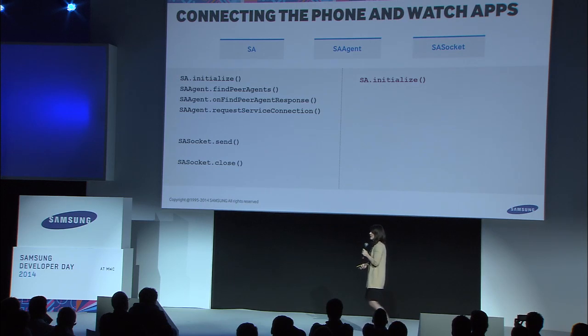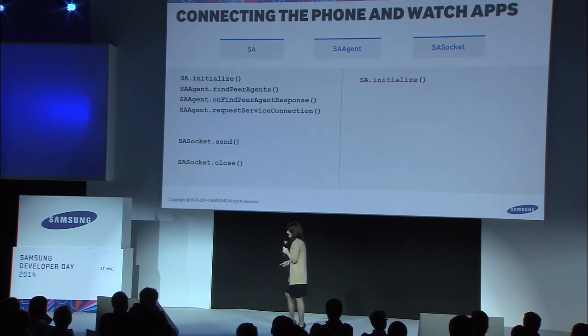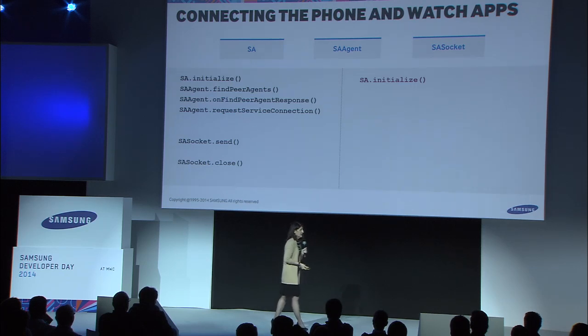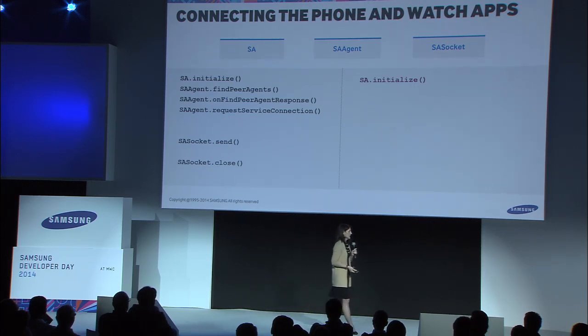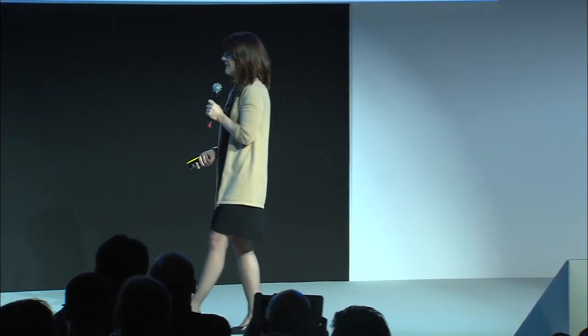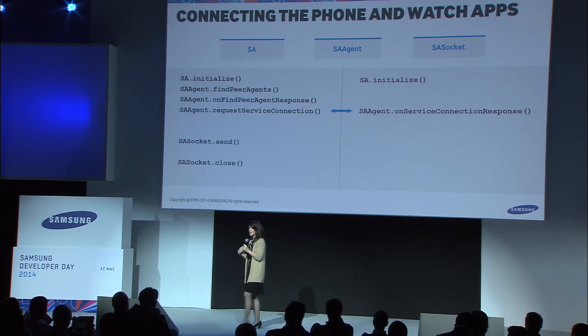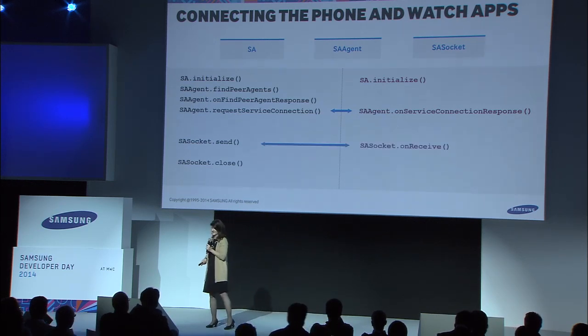From the provider side, you then want to find that Bluetooth connection. So you want to make a call to find peer agents. You'll get a response back from that. Hopefully you're paired. Hopefully it's a positive response. And then you can make a request for a service connection. And you should get a callback on that service request. So at this point, you're paired, and you're talking between the phone and the watch.